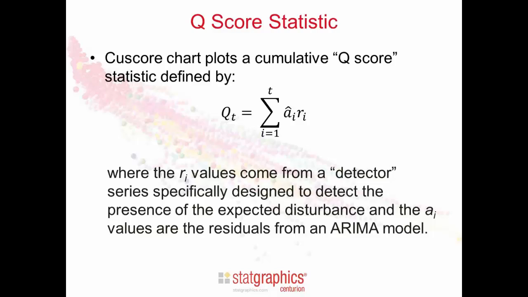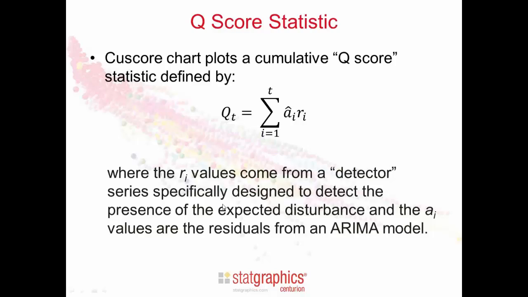Q at time t is defined as the sum from time period 1 to the current time period t of a hat sub i times r sub i. The r sub i values come from a very special detector time series that the references I'll point you to show you how you can construct.